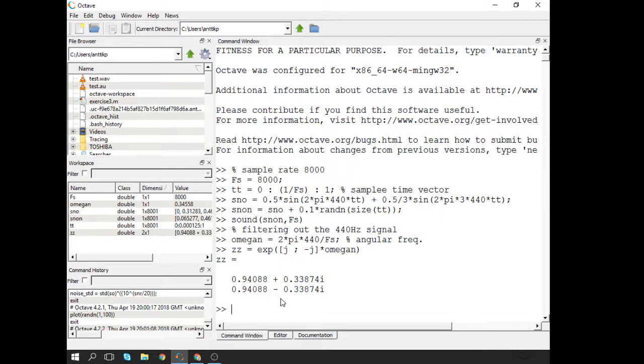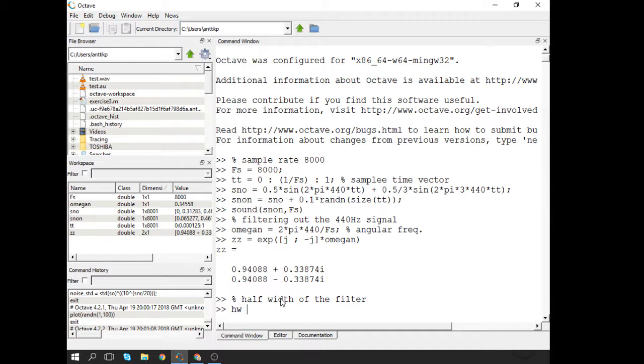Next we would then define what we would like to have as the minus 3 dB half width. So half width of the filter. Let's see, 440 hertz.